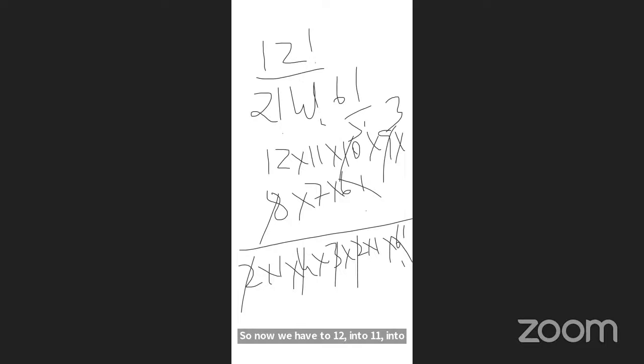Work out and tell me: 12 into 11 into 5 into 3 into 7. What is the value? 11 into 12 is 132 into 15 into 7.